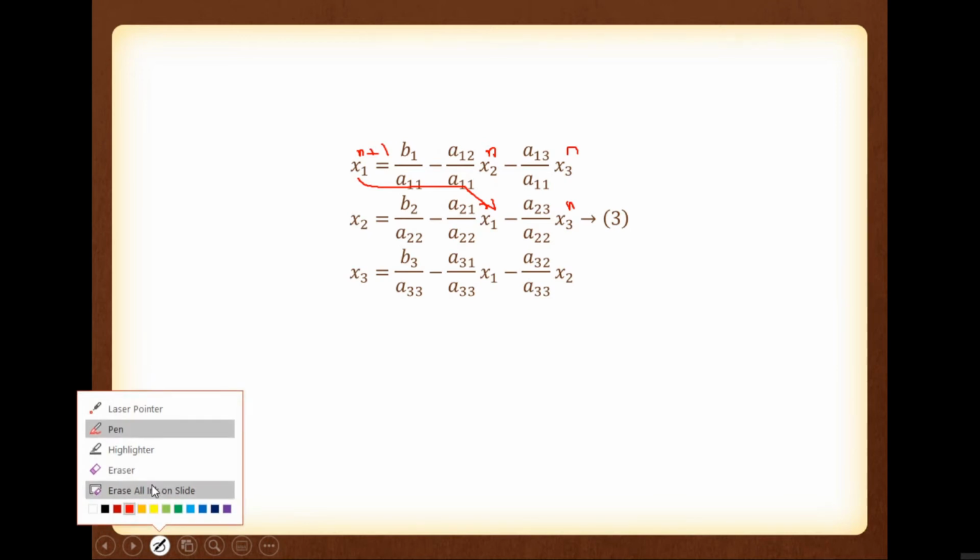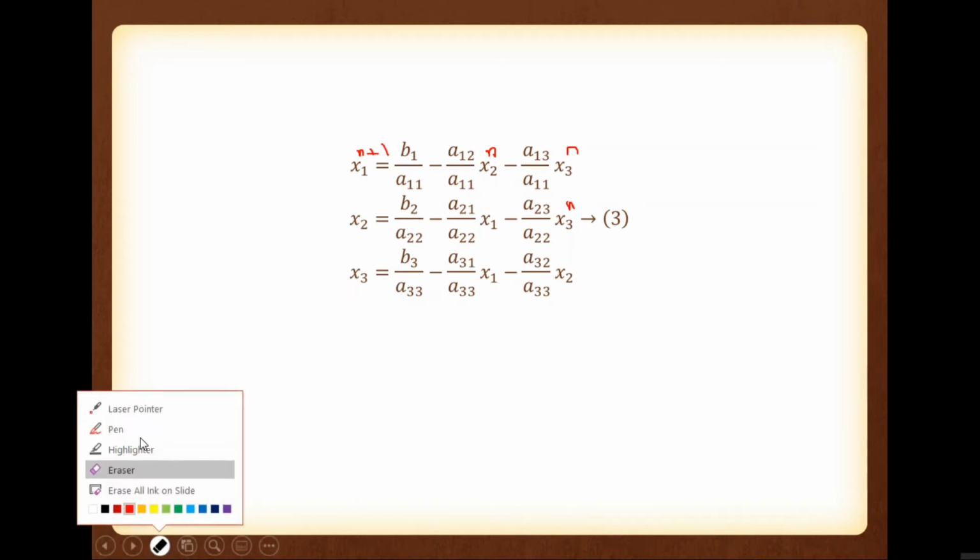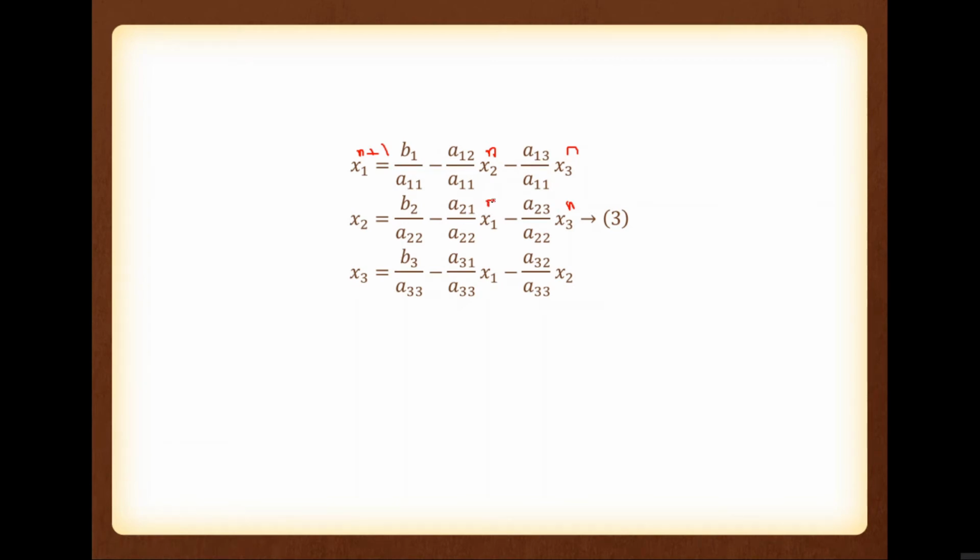We can replace this x1 with x1 n plus 1, meaning we are substituting the new value. We are not substituting the nth values of x1, x2, x3; that is the Jacobi method. Here we are substituting the latest value. So for this equation, the latest value is x1 n plus 1.